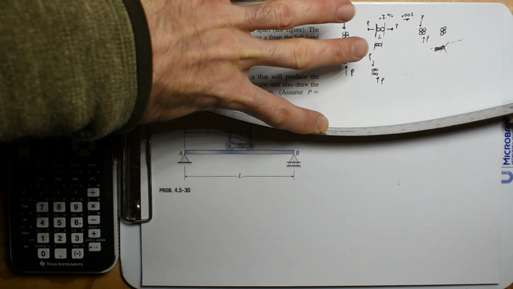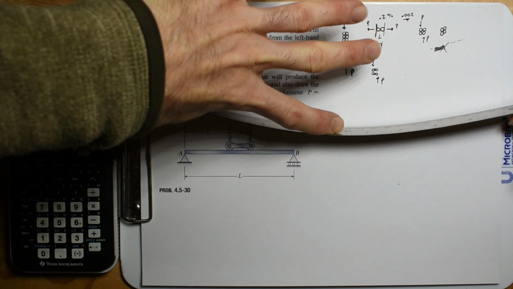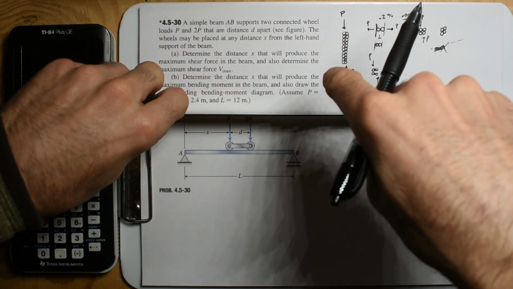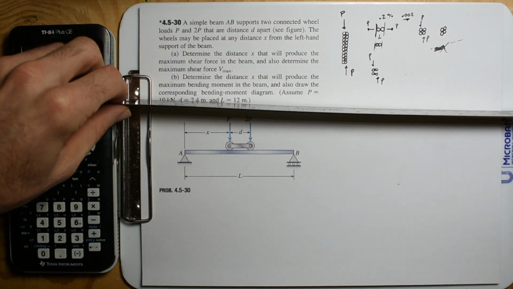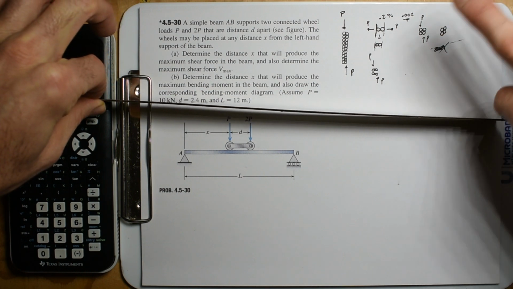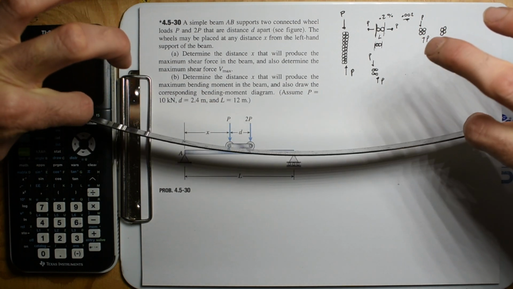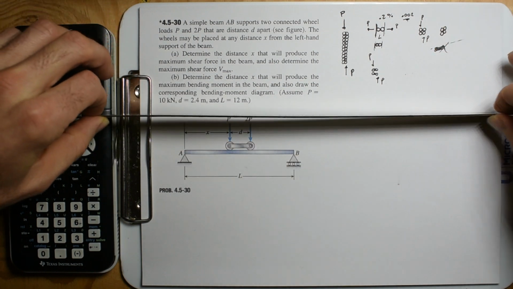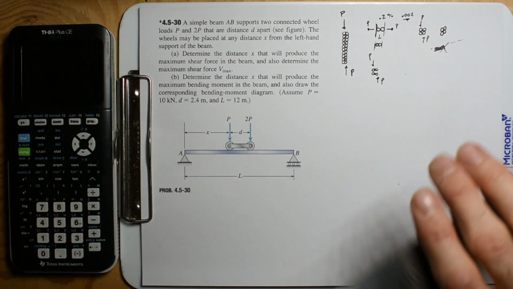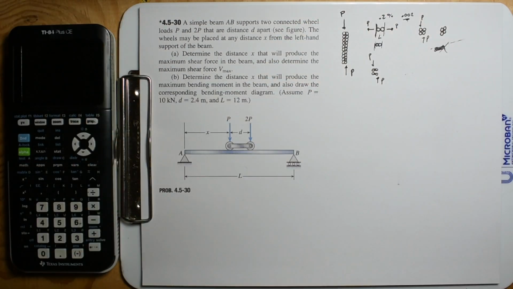I'm not actually applying pure bending. I'm applying a point load in the middle, so it's a combination of shear and bending. Compare that to if I take this ruler and make a couple, a twisting motion, a torque motion. This applies pure bending to the ruler. But if I have a point load in the middle, it applies a combination of shear and bending at the same time.